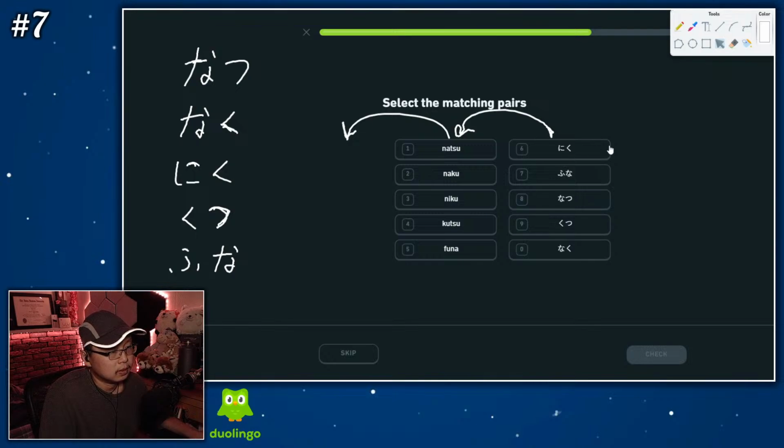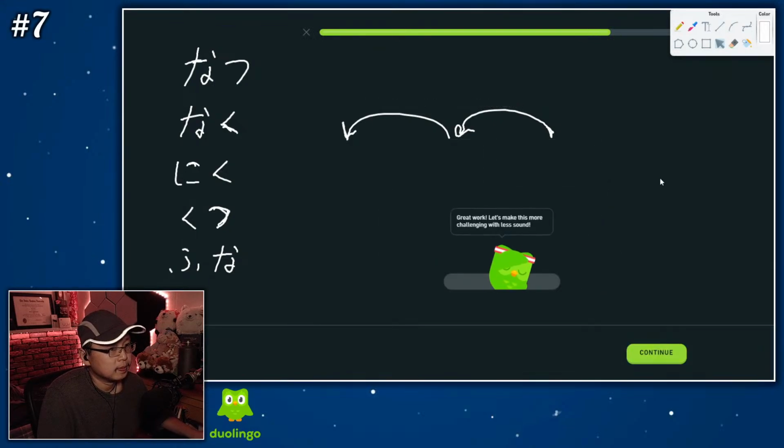This is niku. Funa. Natsu. Kutsu. Tsu. And then naku. Okay.